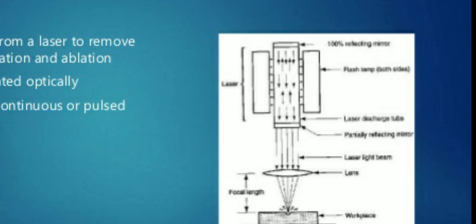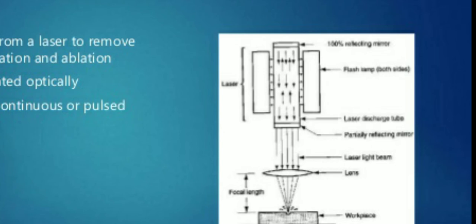Below that partially reflecting mirror the lens is placed. Below that lens the focal length should be maintained throughout the process. Then the workpiece is placed. So this is the schematic arrangement of laser beam machining.